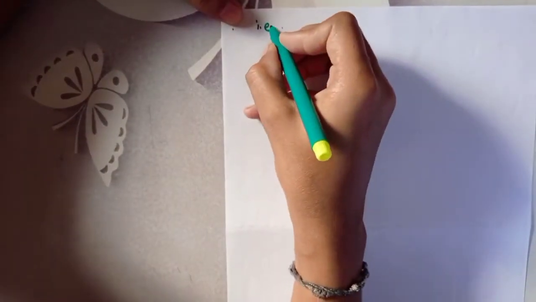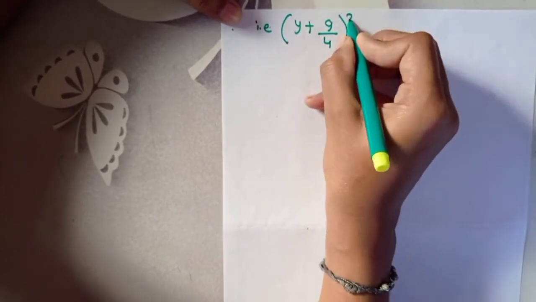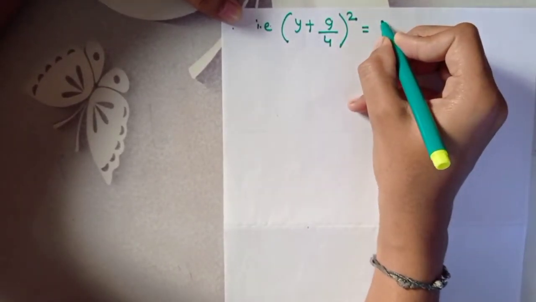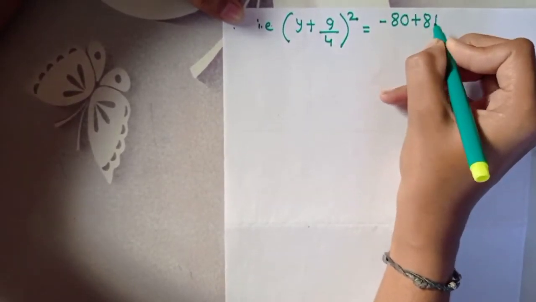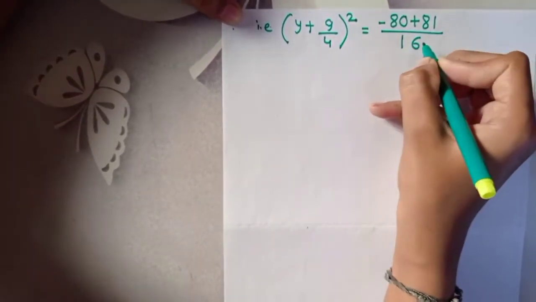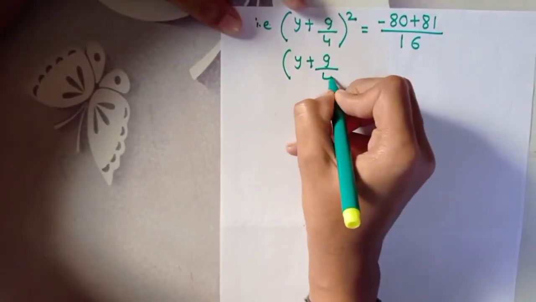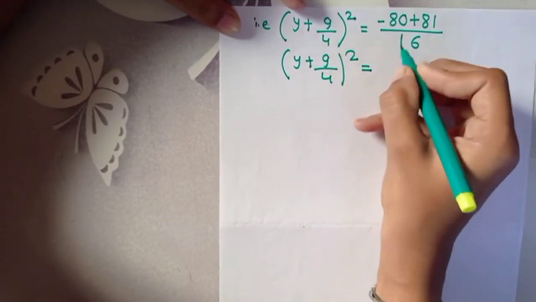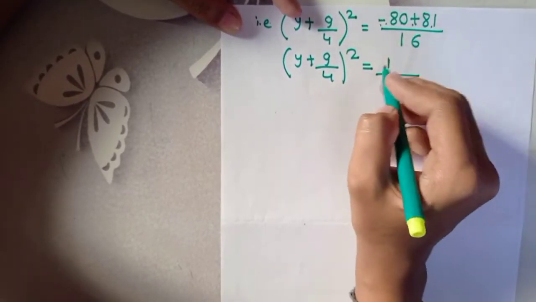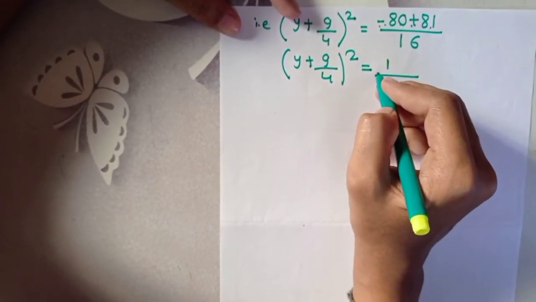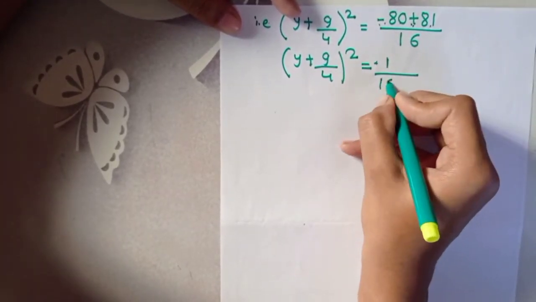That is, y plus 9 by 4 whole square is equal to minus 80 plus 81 by 16. That is, y plus 9 by 4 whole square is equal to minus 80 plus 81 is 1, because plus and minus, we have to subtract and the bigger sign is plus, therefore plus 1 by 16.